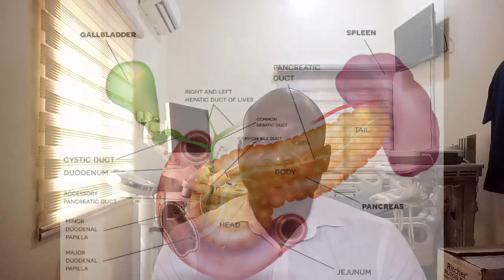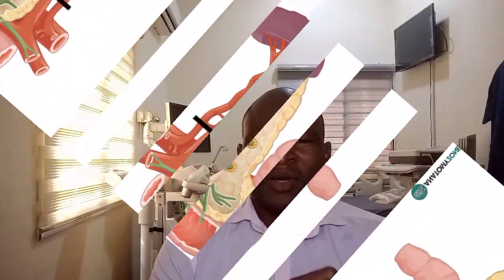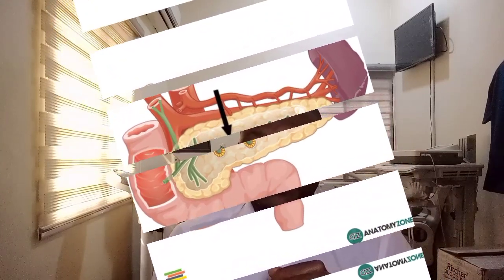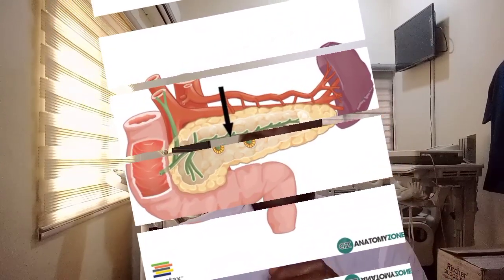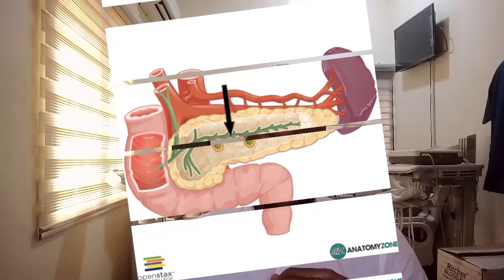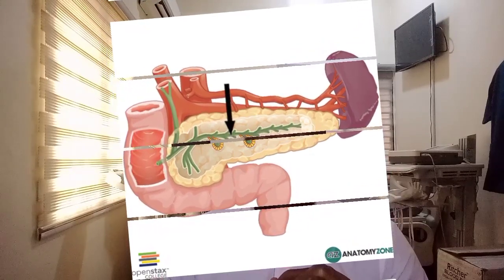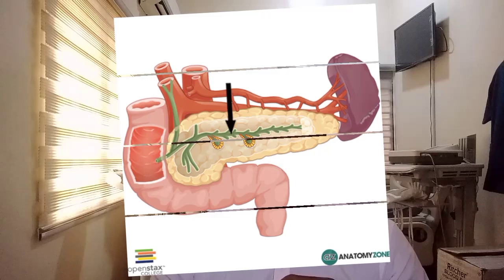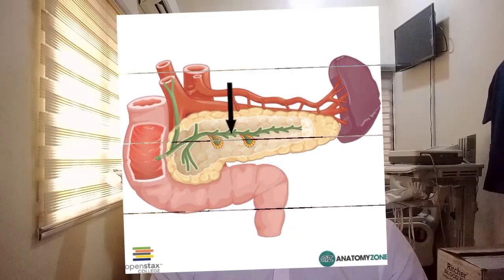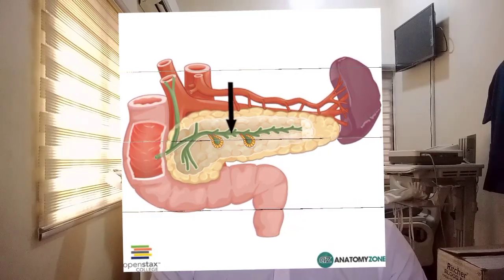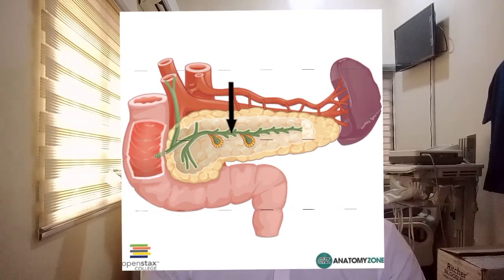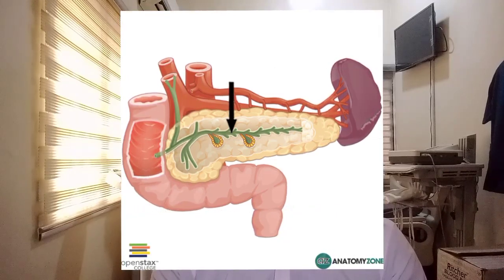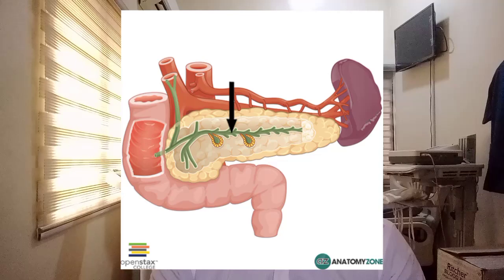The normal pancreatic duct, also known as the main pancreatic duct, or MPD, or duct of Wirsung, starts in the tail and extends along the mid-body of the gland into the head, where it turns downward and backward to approximate the infraduodenal portion of the common bile duct.